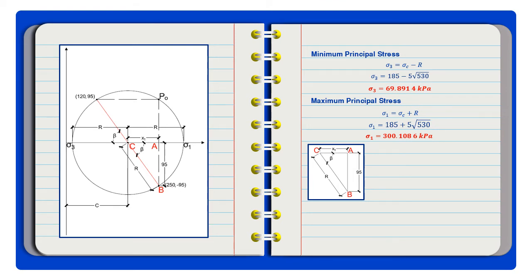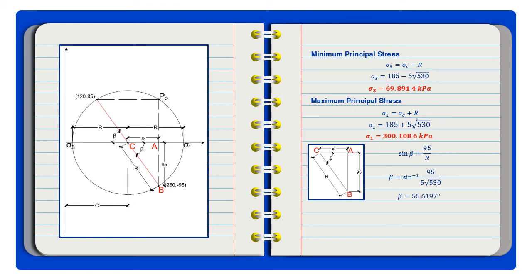Now, to determine the value of beta, we can get it from our sine function, which is opposite divided by the hypotenuse. So, sine beta is equal to 95 over r. So, ang hinahanap natin is beta. So, that will be beta is equal to the inverse sine of 95 over 5 square root ng 530 since our radius is 5 square root ng 530.